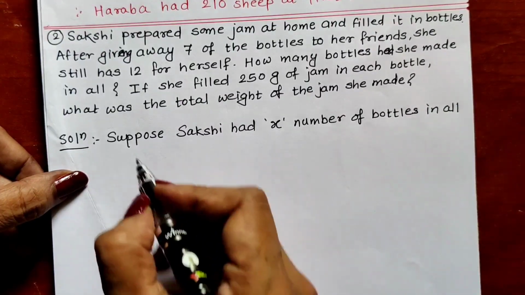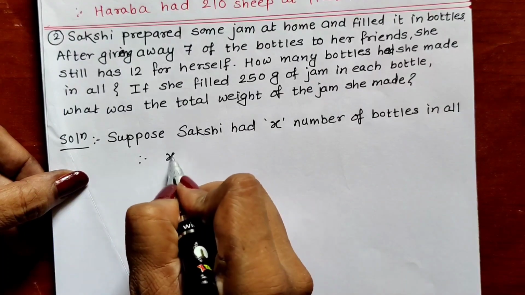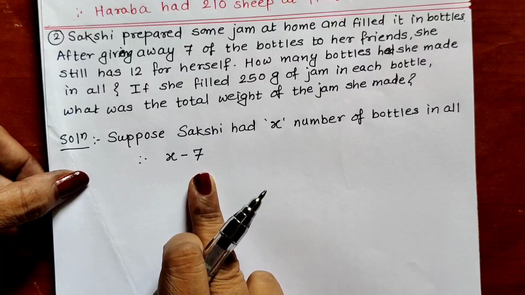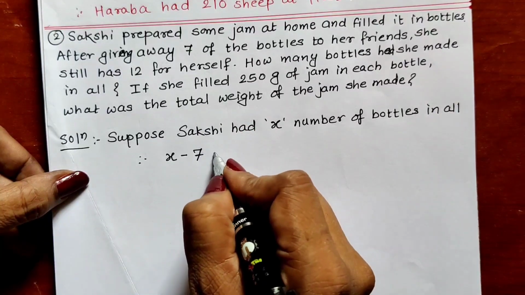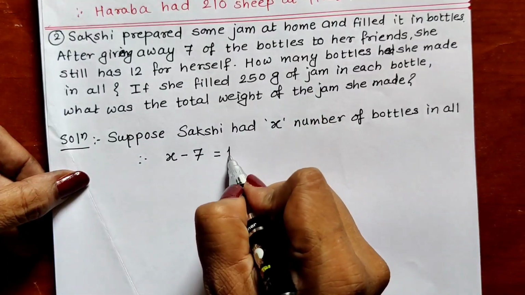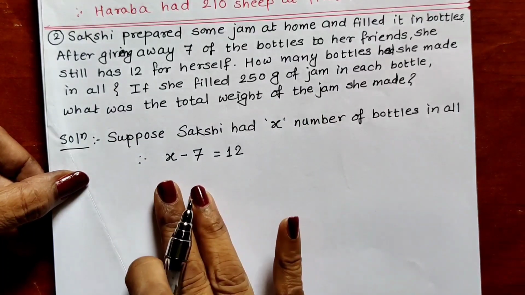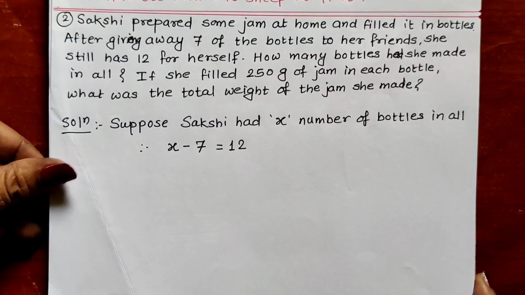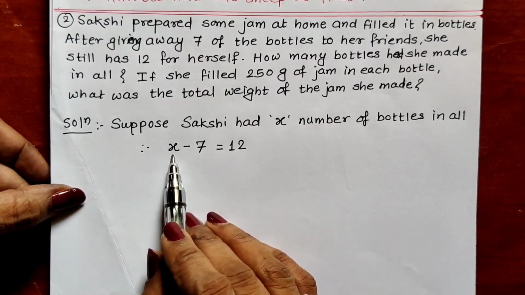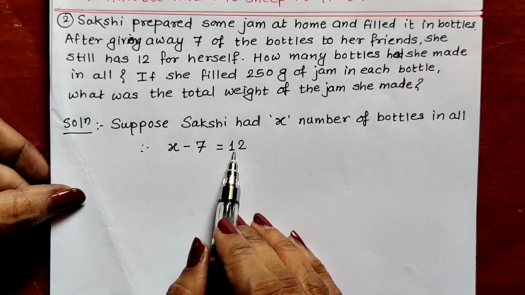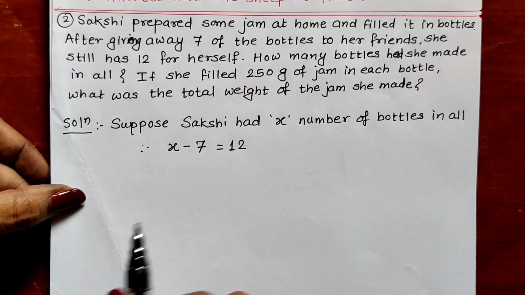Okay, and from those X number of bottles she gave 7. That means from X 7 is subtracted. After giving 7 bottles, how many are remaining with her? 12 bottles are remaining, 12 are left. So in this way we can form an equation. From the total number of bottles, she gave 7 bottles to her friend. Still she was having 12 bottles.